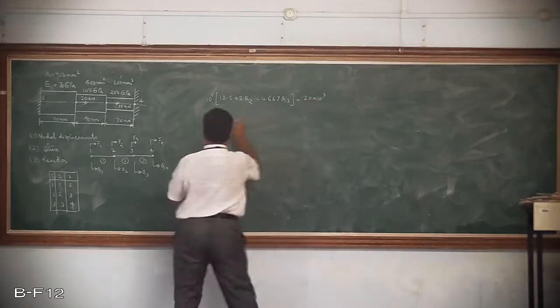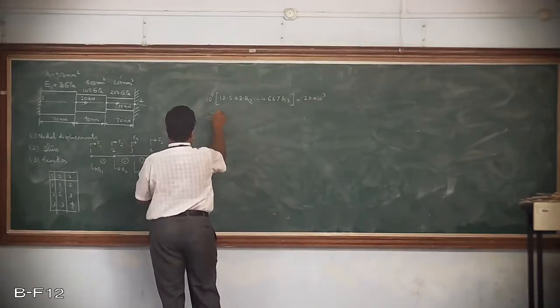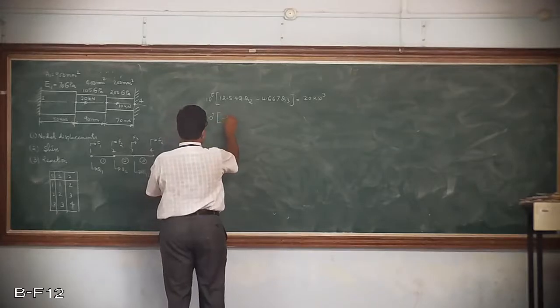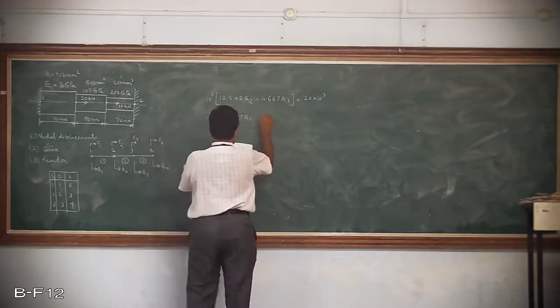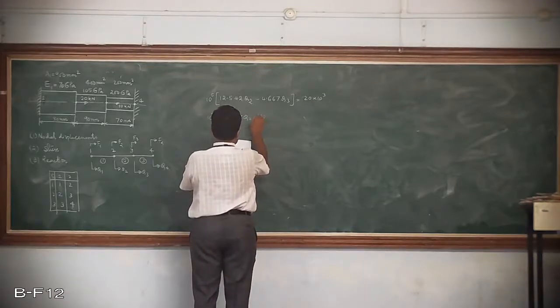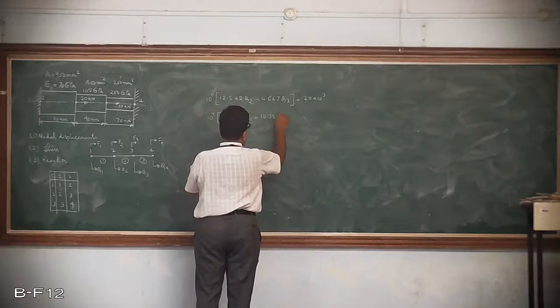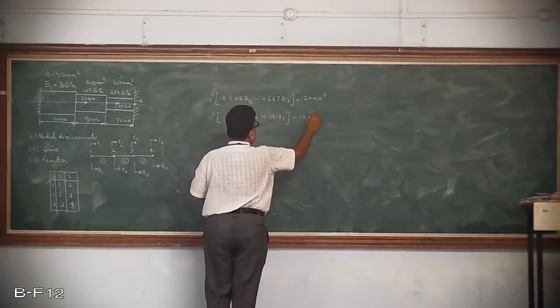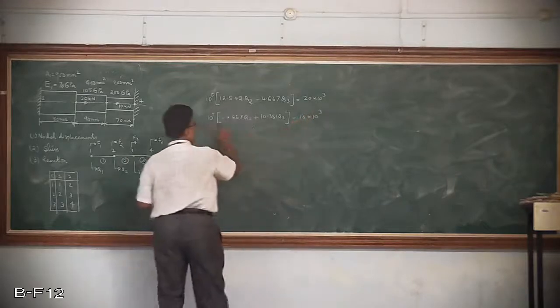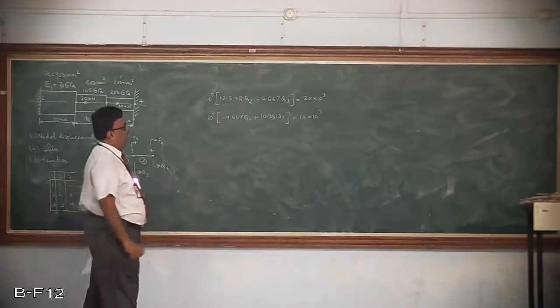And the second equation you can write as minus 4.667 Q2 plus 10.381 Q3 is equal to 10 into 10 raised to 3. So by solving these two simultaneous equations, you can solve this.